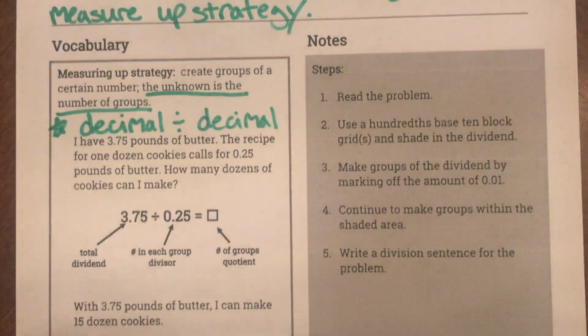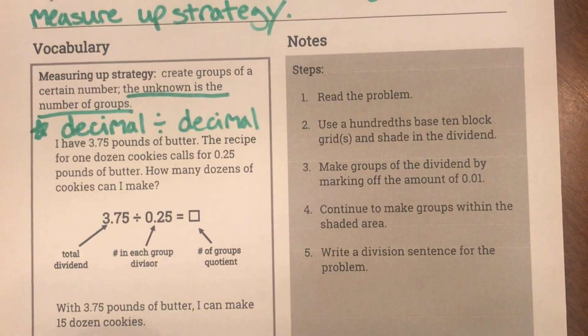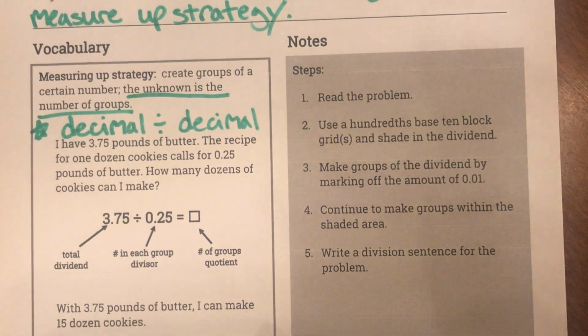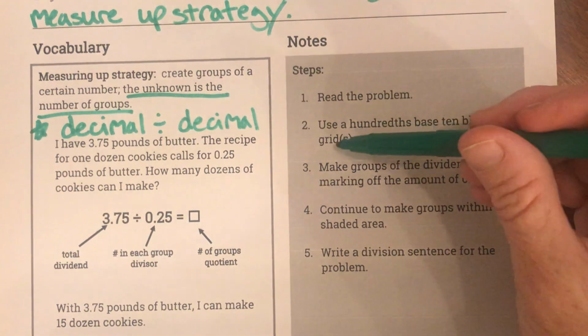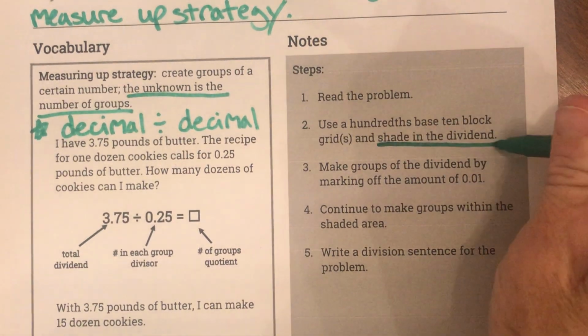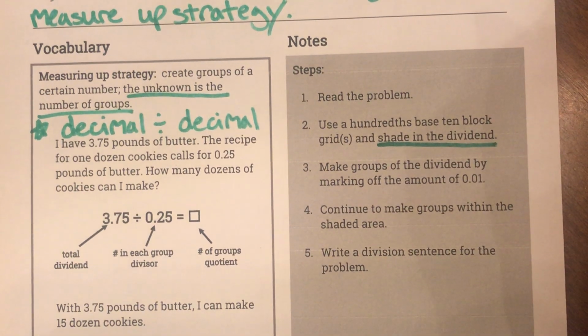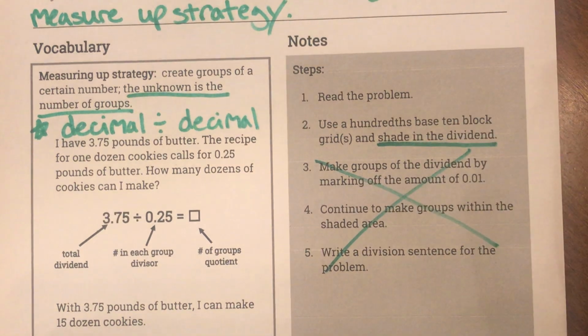Okay, there are steps we're going to make some changes to. So the first step says read the problem. Then we're going to make some adjustments. It says use a hundredths base 10 block grid and shade in the dividend. We're just going to worry about shade in the dividend. So we are going to shade the dividend, but then after that we're going to cross these off.